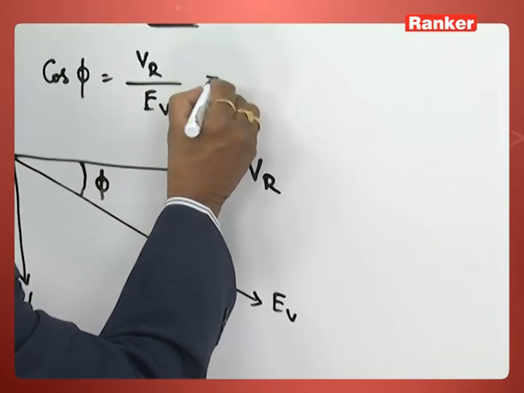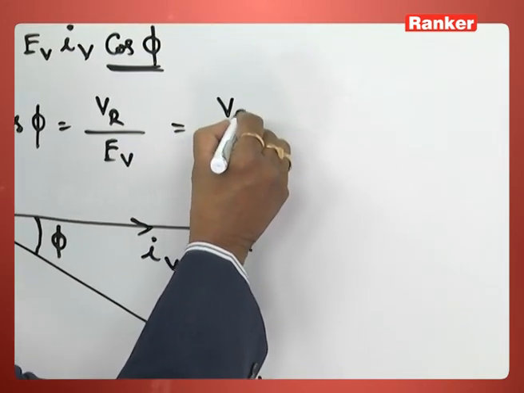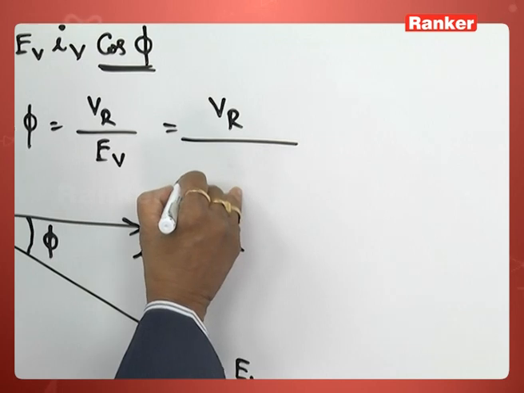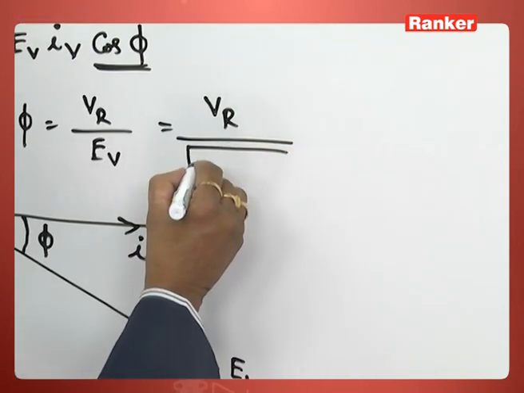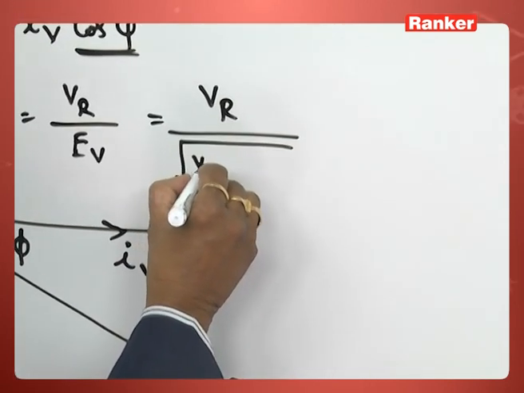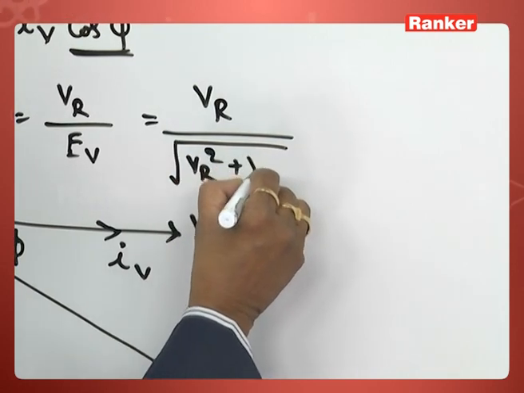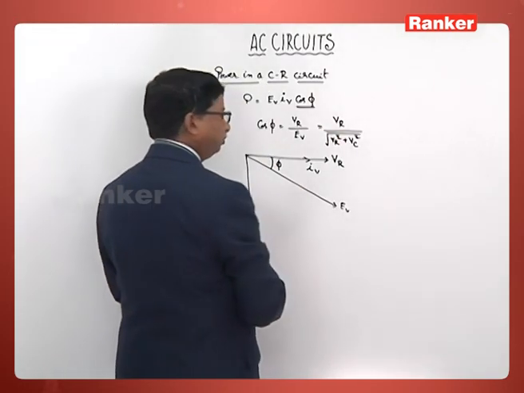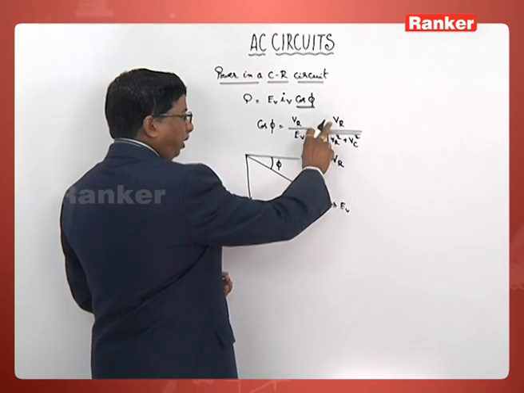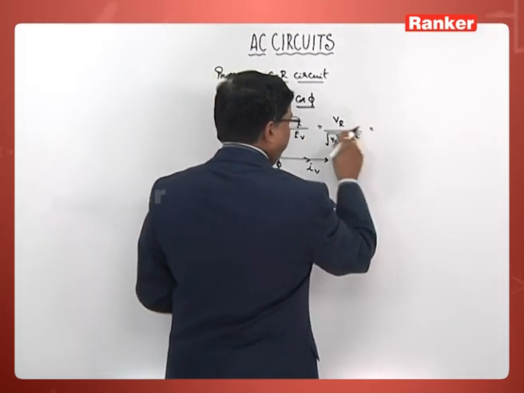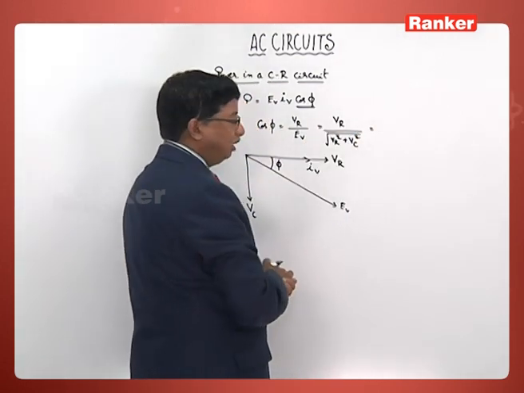But we can directly understand it as VR divided by root over VR square plus VC square. We can rewrite the same in terms of the virtual value of current.